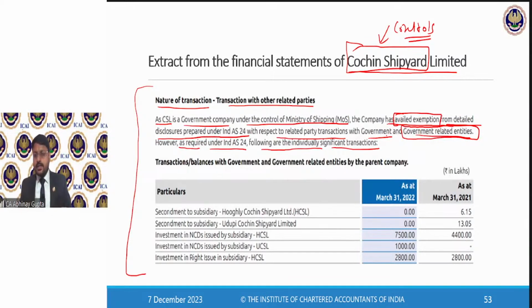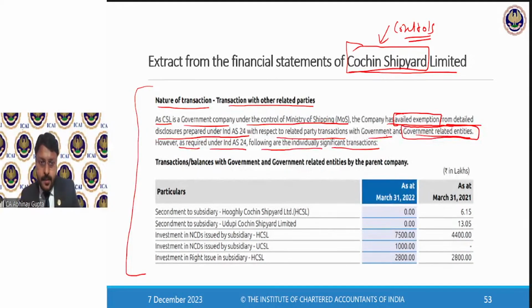Otherwise, you must have been thinking, what is the benefit? The same thing is relaxed, the same thing is asked. Yes, prima facie it looks like that, but the benefit is we don't end up disclosing all the transactions if we claim the exemption. If we do not claim the exemption, then there is no materiality at all. Immaterial or material, there is no classification. All the transactions need to be disclosed. If we are claiming this exemption, then only material or individually significant transactions need to be disclosed.